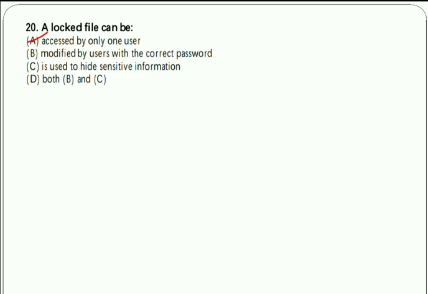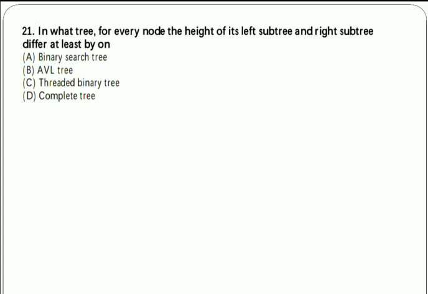Right. Next one. In what tree, for every node, the height of its left subtree and right subtree differ by at most 1? So the option is the AVL tree. Correct option is AVL tree. Because AVL tree is a self-balancing binary search tree and it was the first such data structure to be invented.